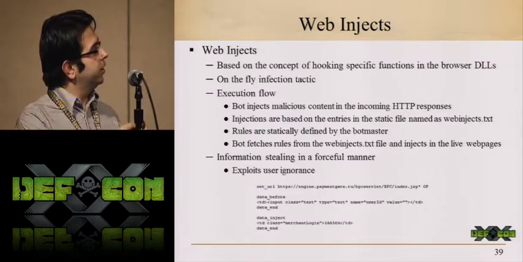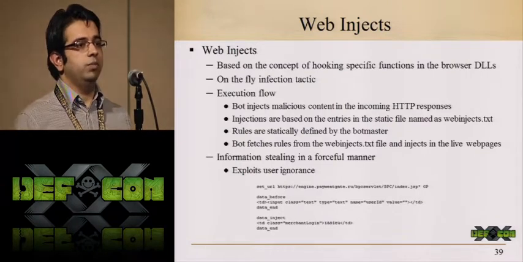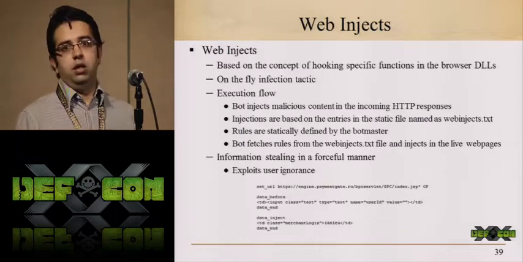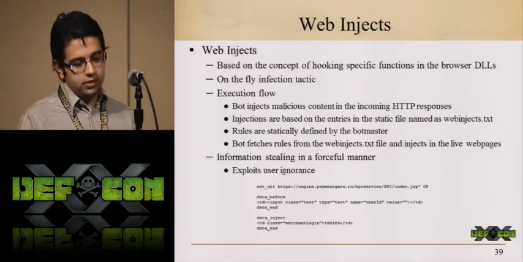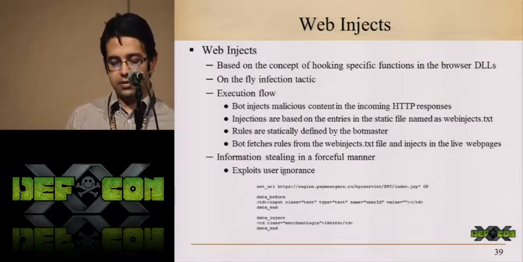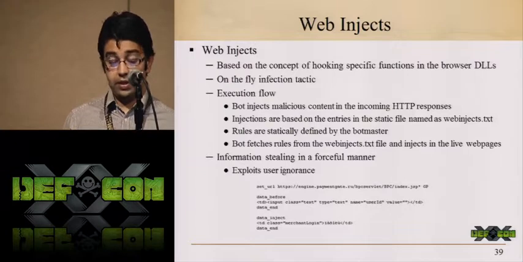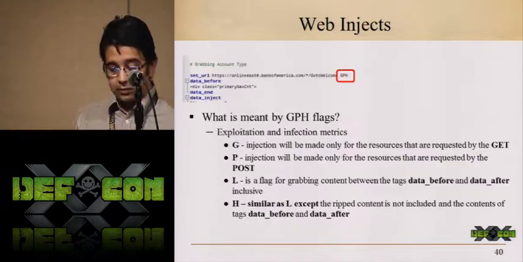This gives a lot of power to the bot to manipulate online banking and a lot of functionality of the web pages on the client side. This is a really interesting technique, and we haven't found any good defense; our team is working on it, and let's see if we can come up with some defense for web injects.